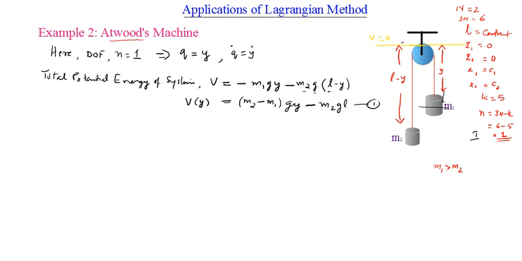Right. Now, in the same manner you can write the total kinetic energy of the system. T is for kinetic energy. T is equal to, how many terms of kinetic energy will be there? There will be two terms because there are two masses. Kinetic energy is equal to half m v square.